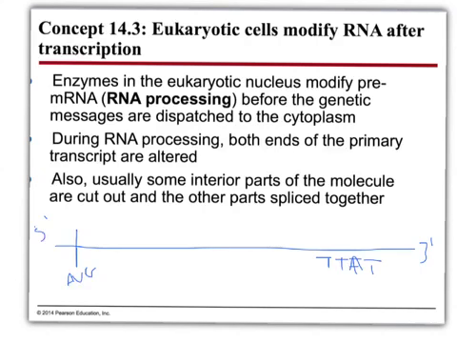So this is RNA processing. DNA itself, and every gene you have, has a bunch of junk in it, stuff that doesn't end up part of the protein. But it is transcribed as part of the RNA.